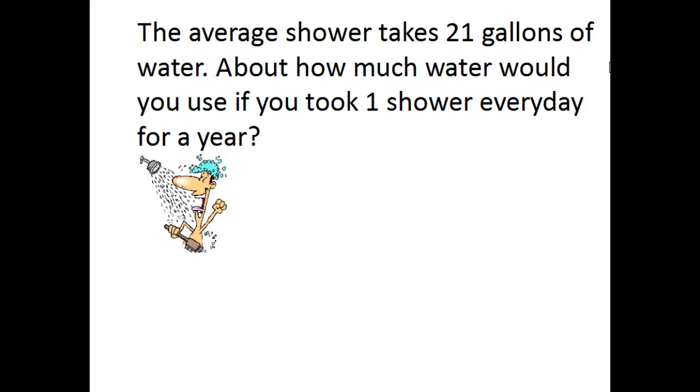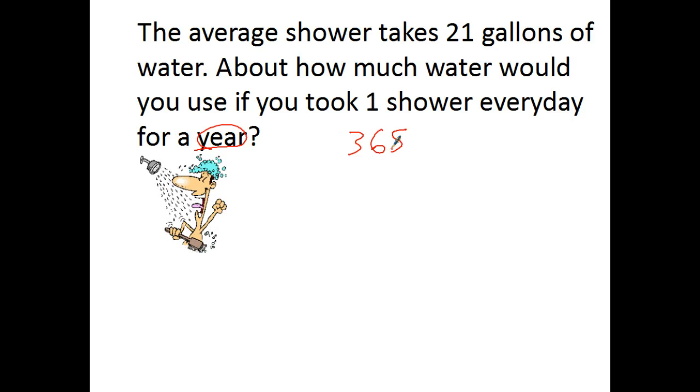The average shower takes 21 gallons of water. About how much water would you use if you took one shower every day for a year? This one seems kind of tricky because my two numbers are 1 and 21. And you couldn't round 1 to anything. But since it says every day for a year, there are 365 days in a year.